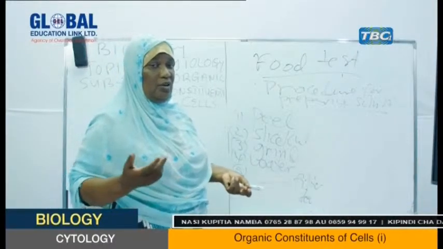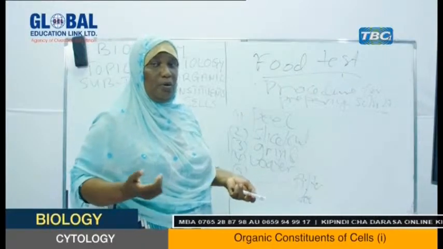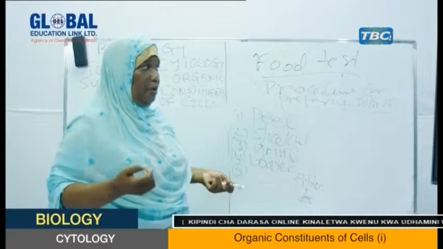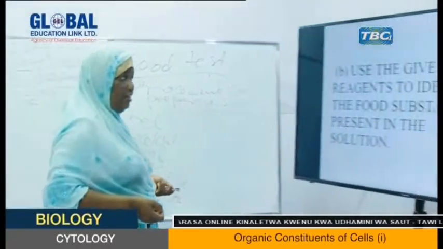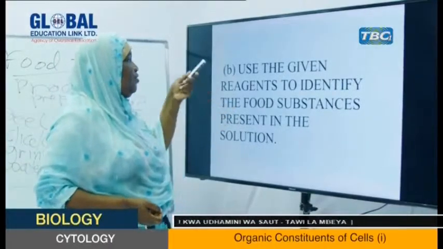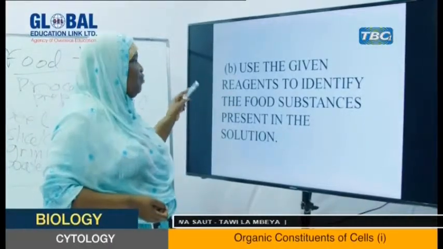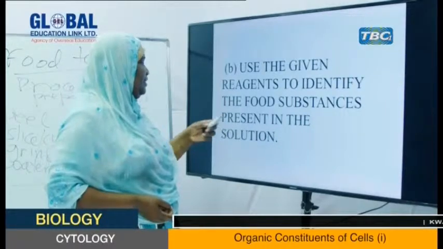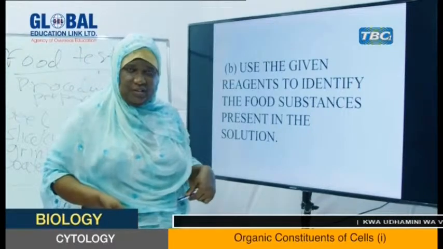Obviously, you are required to go to part B of the question. Part B of the question is this one. It says: use the given reagents to identify the food substances present in the solution.